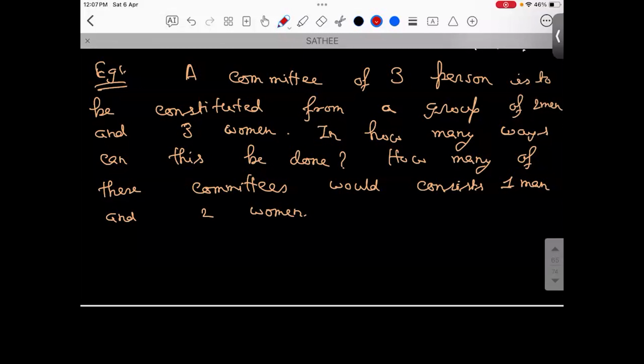For permutation, they will consider the two persons as two distinct elements and they will take care of the order. But in case of combination, they will not take care of the order. They only choose, for example, a person among two men. Fine.